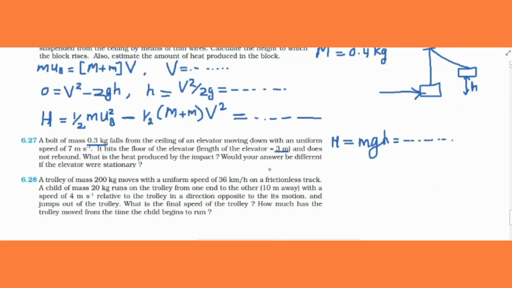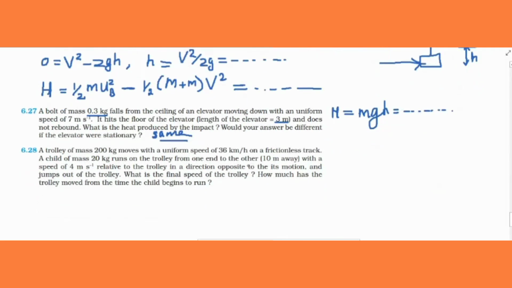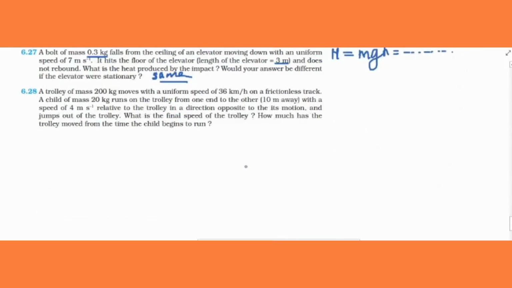Then would your answer be different if the elevator were stationary? Whether it is stationary or moving, its potential energy is converted into kinetic energy, so the answer will be the same. Potential energy is converted into kinetic energy, then into heat energy. That's all for question 27. Now come to question 28.